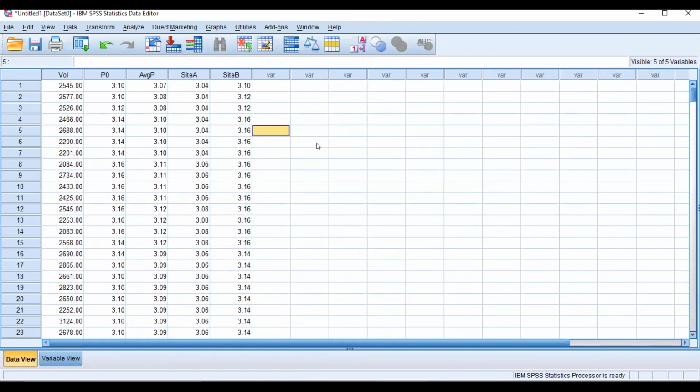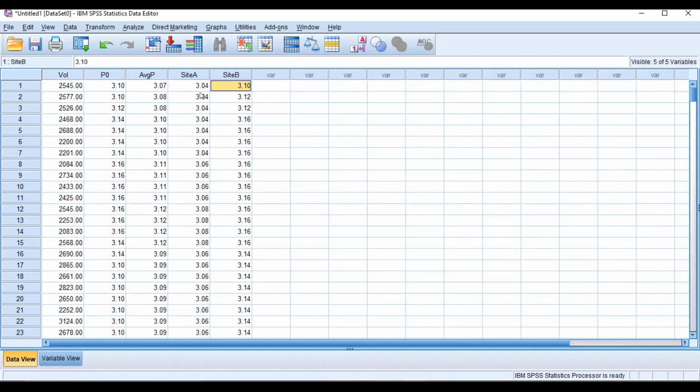There is one company, suppose Indian Oil or HP, and this is the kind of data set. They have a volume of sales for a particular price, and they have an average price for that fuel, their product, in two areas, sites. The same company is selling in two areas and quoting their prices.